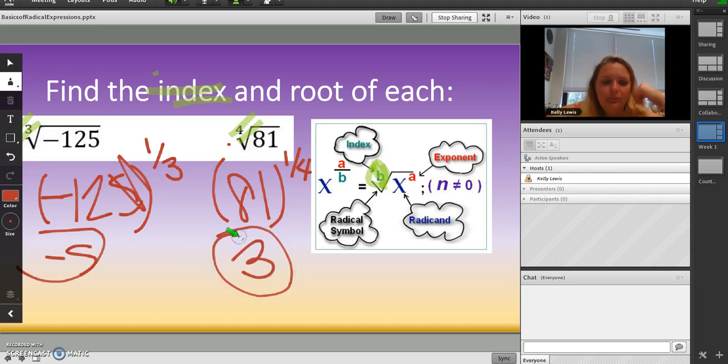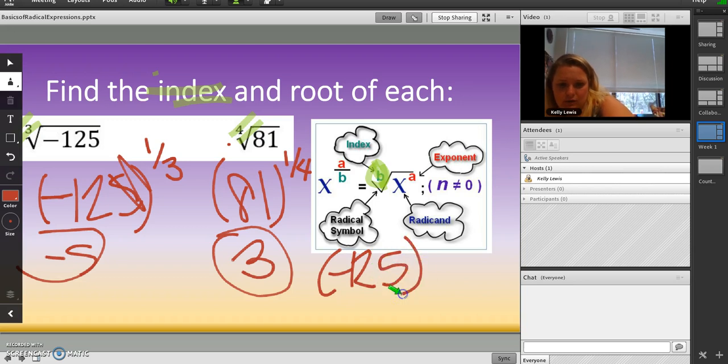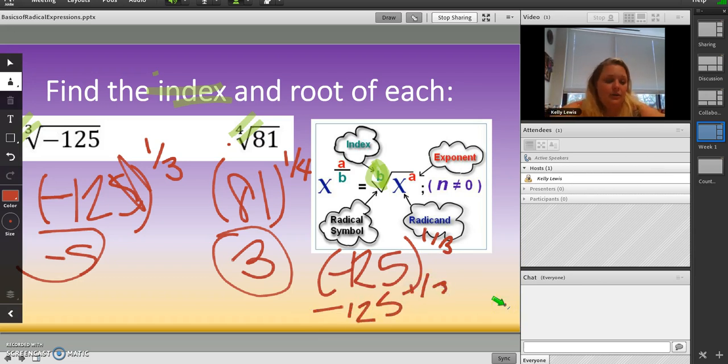Keep in mind that -125 to the 1/3 is different from the negative of 125 to the 1/3. If you don't believe me, you can type it in your calculator.